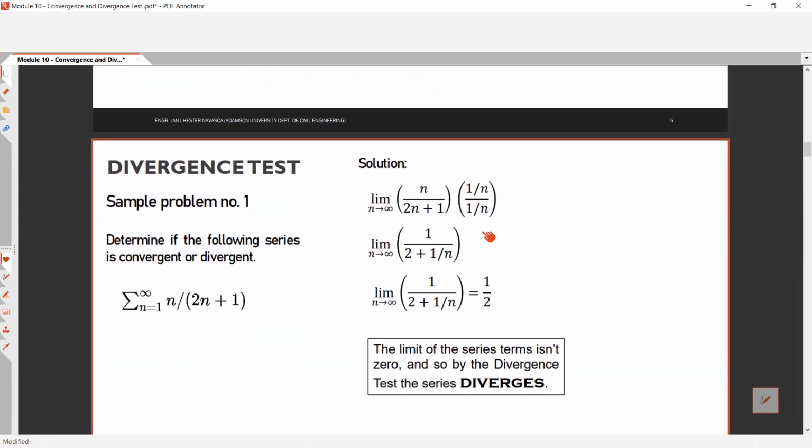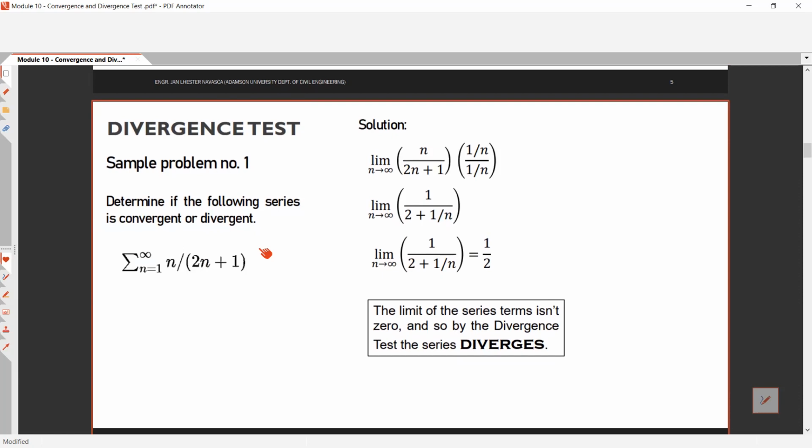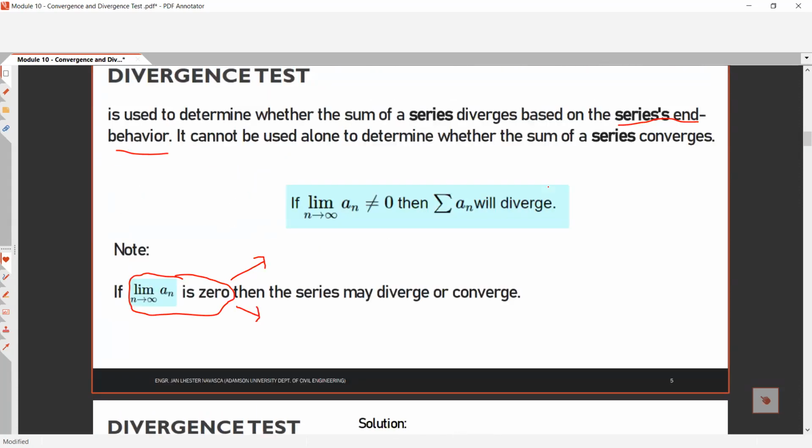Let's try an example. Sample problem number 1: determine if the following series is convergent or divergent. Ito, try na natin to using the divergence test. Paano ba yon?